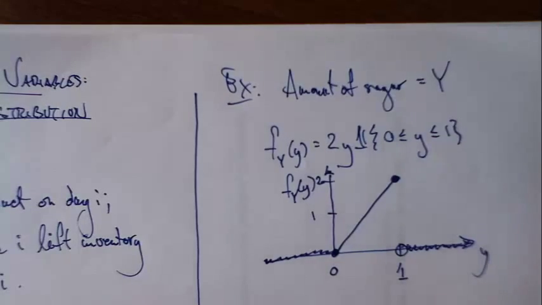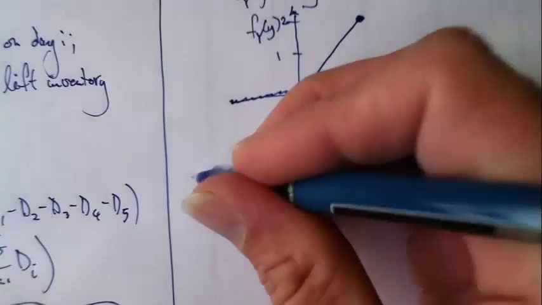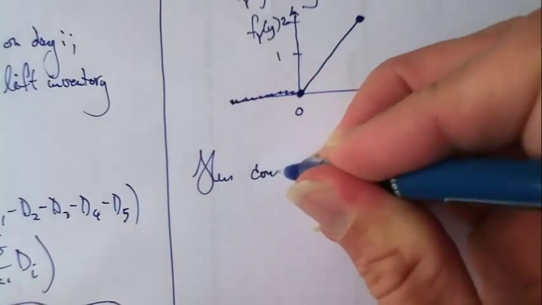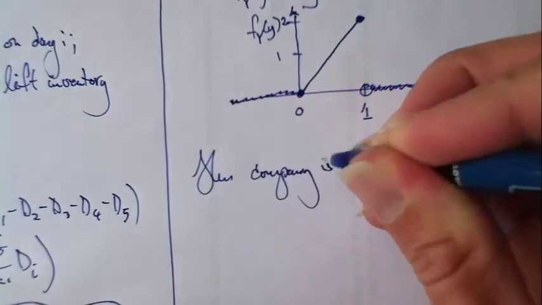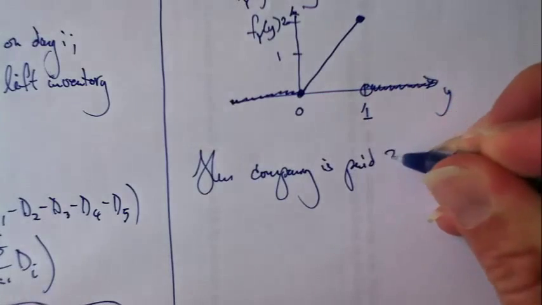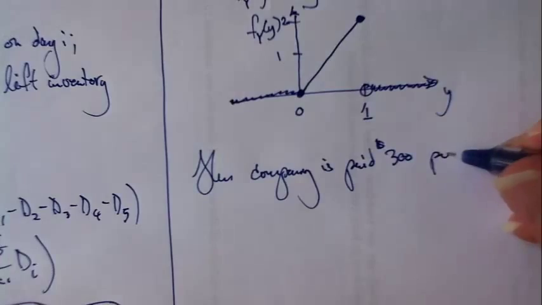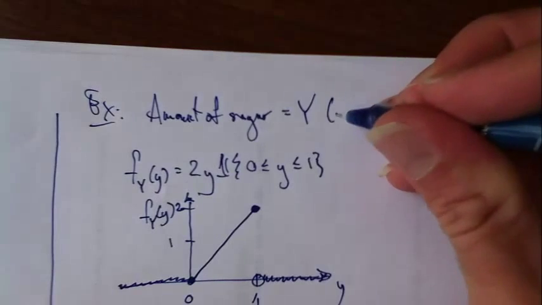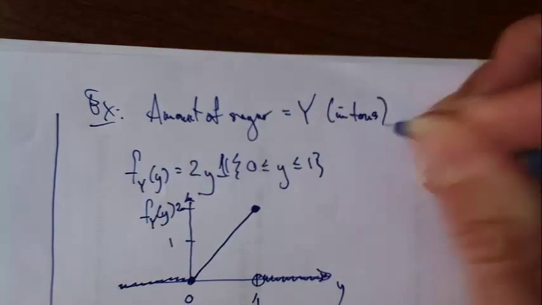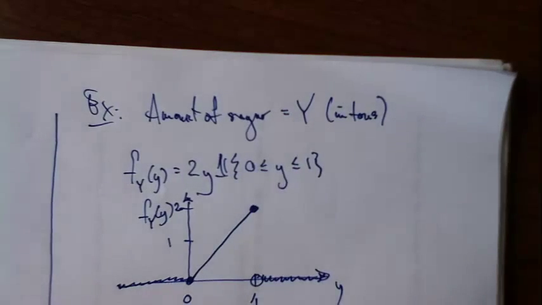So let's suppose further that the company is paid $300 per ton. And you know what, I better stipulate that y is in tons up here so that we make sure we do everything all right.